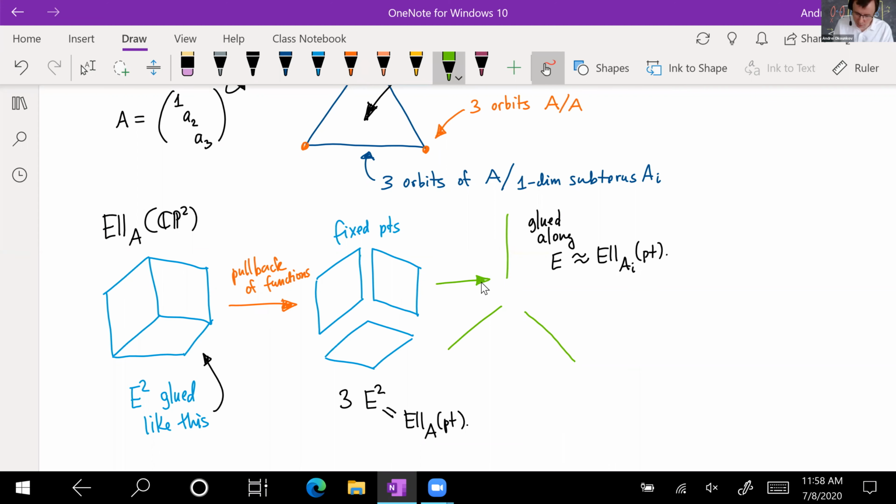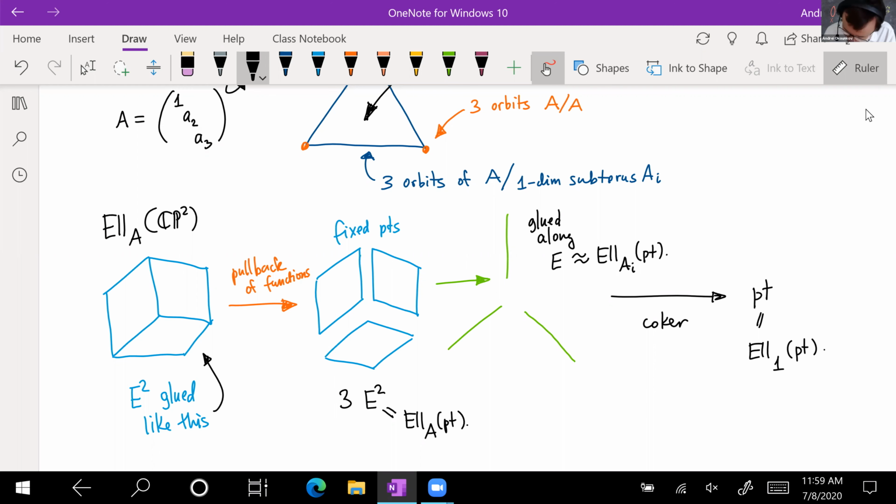But that map here is not a surjective map. It has itself a co-kernel, and that co-kernel, maybe I'll put it in black, the co-kernel of this map, corresponds to just a point, and that point is the elliptic homology of the trivial group.